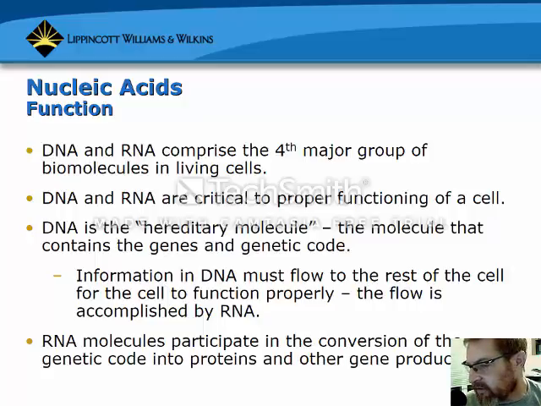DNA is your major storage molecule that contains all the genes that will eventually code for all the proteins that we're going to see. The RNA molecule is a molecule for transferring information from the DNA to the ribosome so that we can make proteins from it.